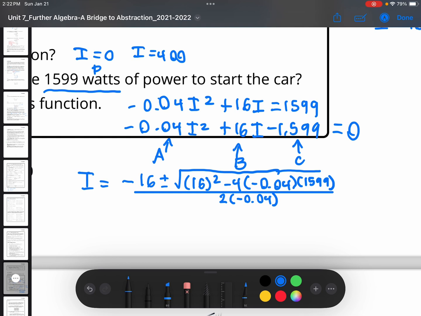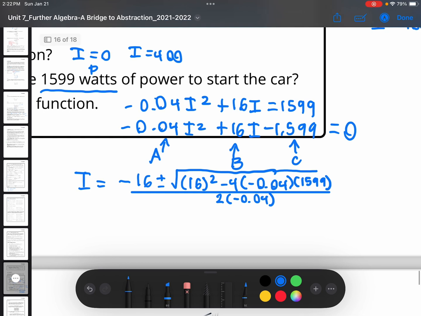So if I run that through the calculator, remember I have to run it one time with a plus, and another time with a minus. So I have to do this equation twice. It turns out that what I get is, I'll break it down into a couple of steps here.